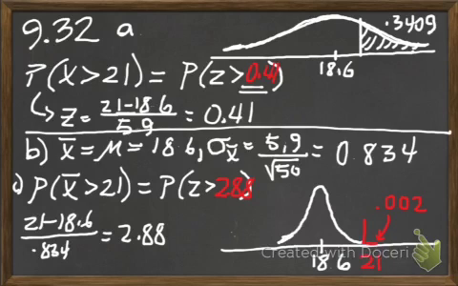So again, what's the difference? An individual could easily land, 34% chance of getting 21 or higher. But a sample of 50, not likely. The sample of 50 we're expecting to be in here, 95% chance that we're really close to 18.6.